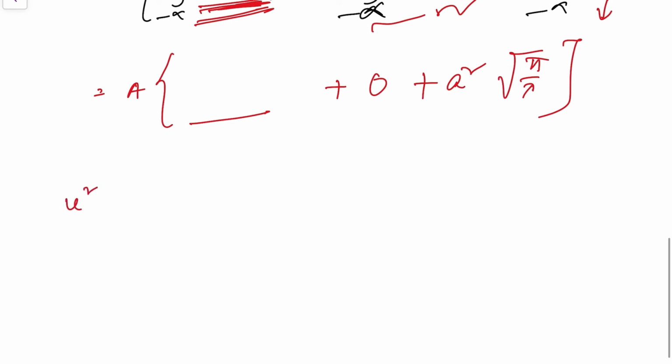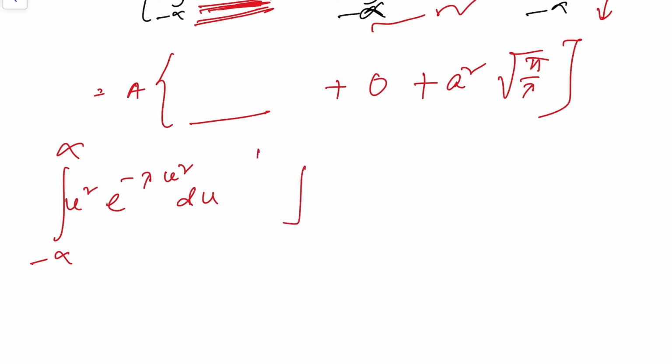So here you see, integral from minus infinity to plus infinity of u square e to the power minus lambda u square du. Now if you consider only this part, integration from minus infinity to plus infinity of e to the power minus lambda u square du is equal to root over pi by lambda.